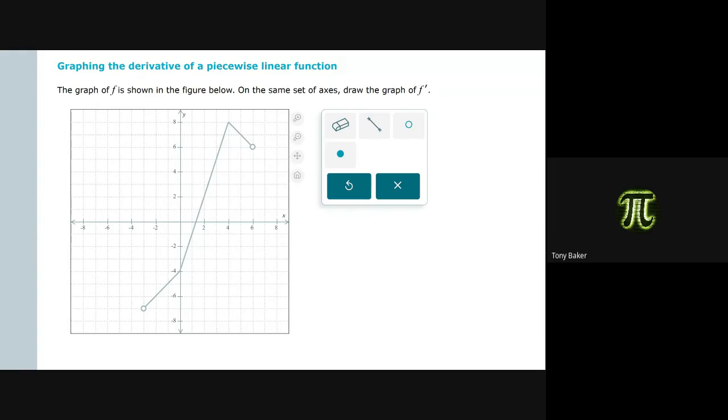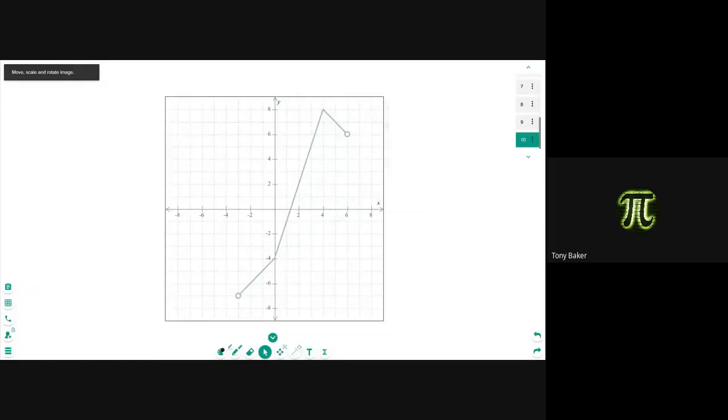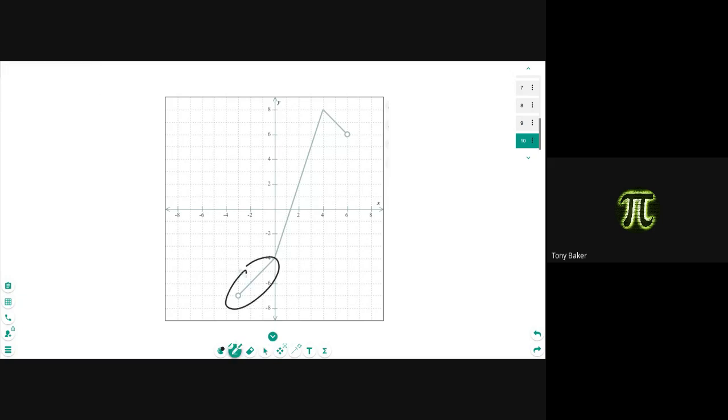Okay, let's do it this way and then we'll go over and draw it. So what's the slope on that from there to there? They're all linear equations on purpose because it's easy for you to figure these out if they're linear. So what's that slope? It goes up 1 over 1, right? So it's 1.